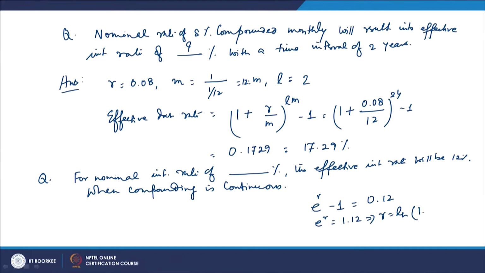We can take the ln on both sides. So, r will be ln of 1.12, and it is coming as 0.1133. So, r is 11.33%, and that will be the answer in such cases.